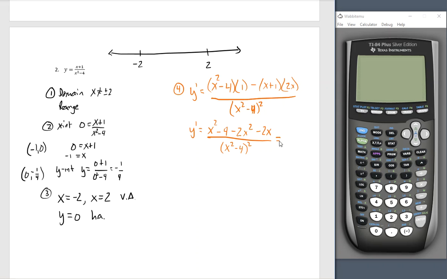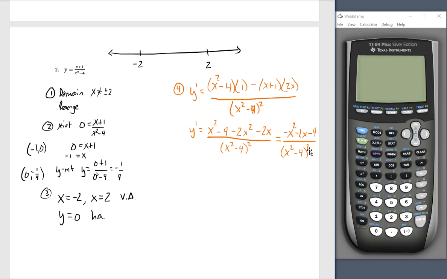And when we combine like terms, I really just said ucky. I'm sorry, I'm not feeling well. We get minus x squared minus 2x minus 4 over x squared minus 4, all squared.